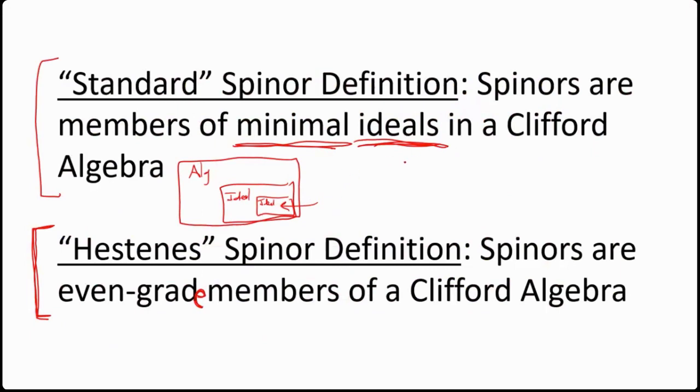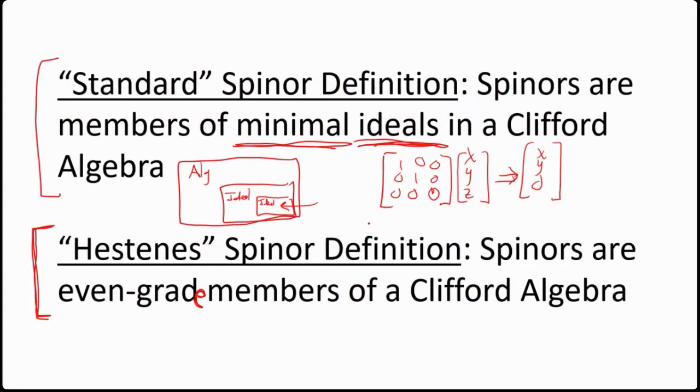And I think to make this more concrete, this projector here would take x, y, z and project out x and y. But this is not a minimal projector because you can write it out as an x projector plus a y projector.